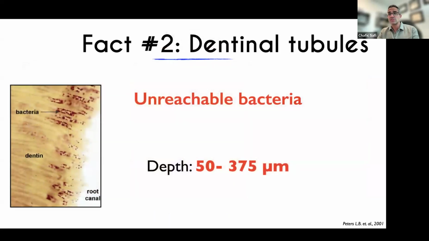And we also need to be able to send some fluid or some microbial action into the dentinal tubuli, because we know that bacteria can travel into the dentinal tubuli up to a depth of 375 microns. And if we leave these microbes there in a non-controlled fashion, this could lead to endodontic failure, or the reinfiltration or recontamination of the root canal system.